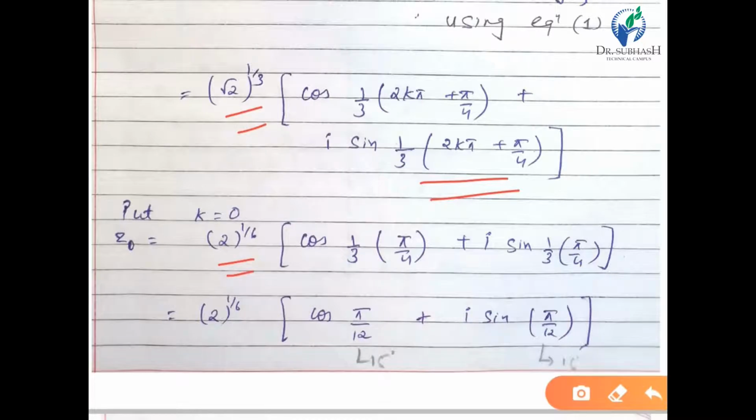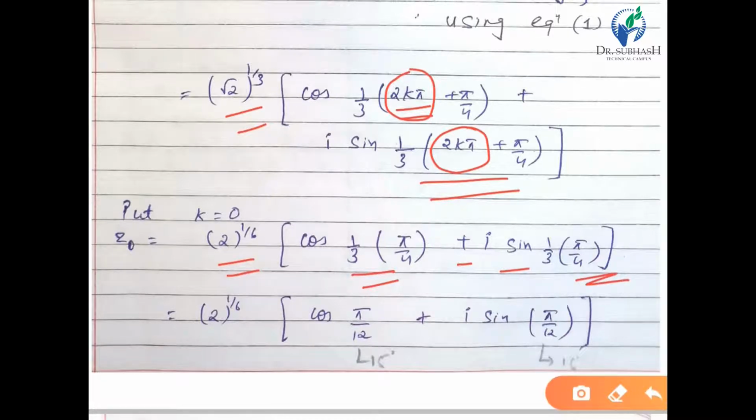Now, we put k equal to 0 here. We get cos 1 by 3 times pi by 4, since this term becomes 0, plus i sine 1 by 3 times, again with k equal to 0 this term becomes 0, pi by 4.